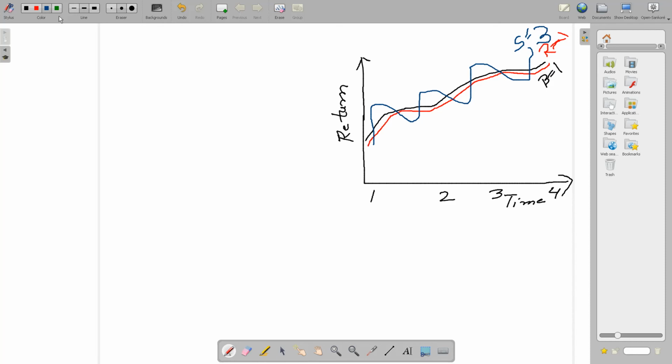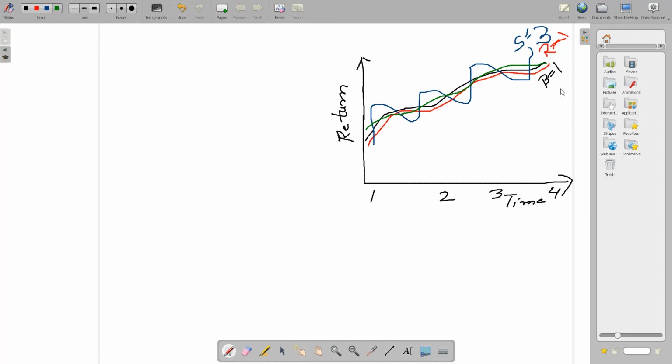Now take one more example. This black line shows the movement of Nifty. Suppose there is one stock whose movement is less volatile than the movement of the Nifty. That means that if Nifty is moving by 2%, that stock is moving by less than 2%.